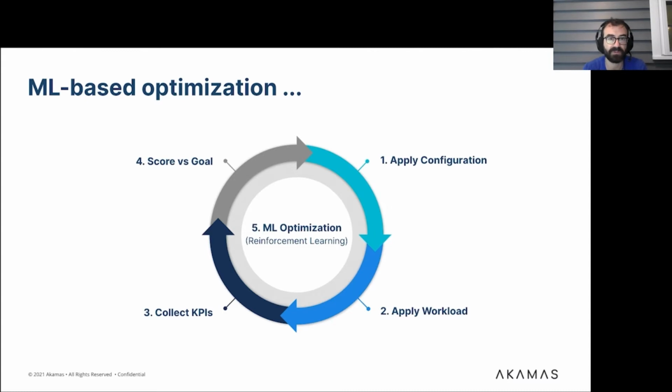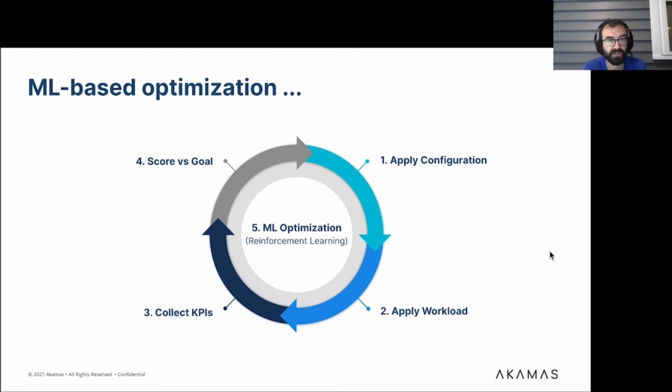The fourth step is to score the configuration against the specific goal by leveraging the collected KPIs. The last step is where the machine learning kicks in, by taking the score and the tested configuration as input, and by producing as output the most promising configuration to be tested in the next iteration of the same process.